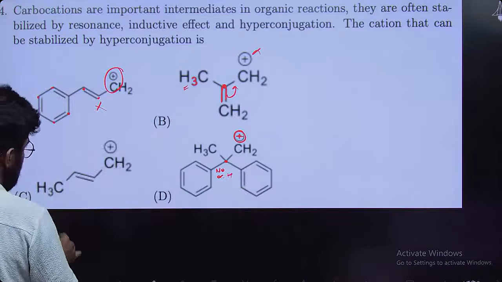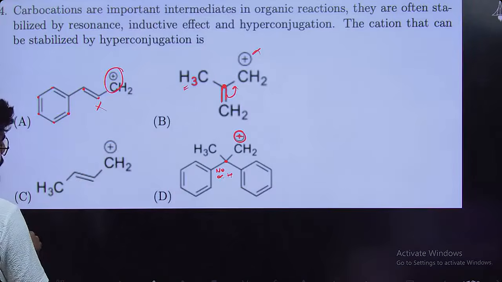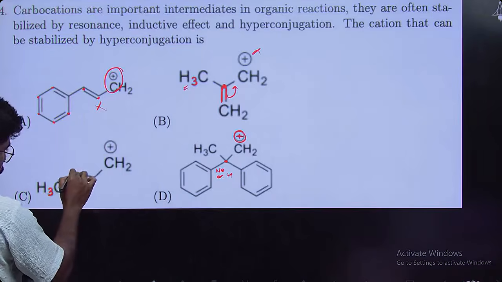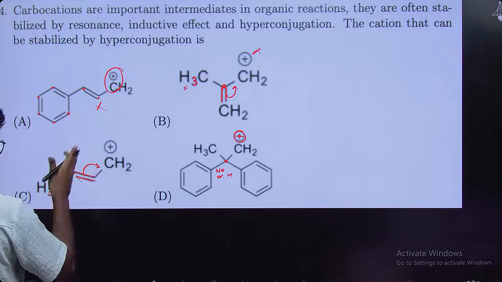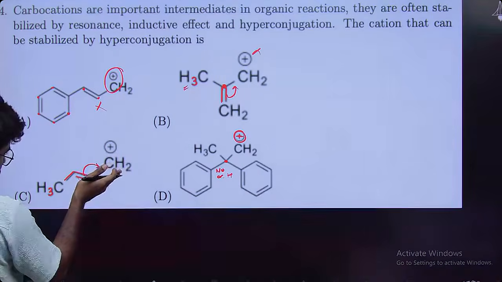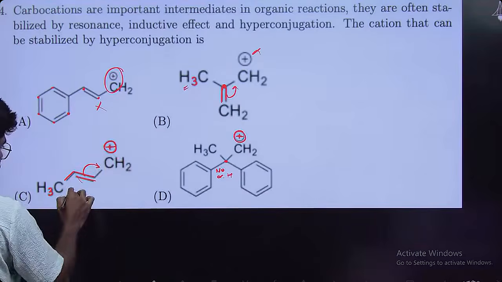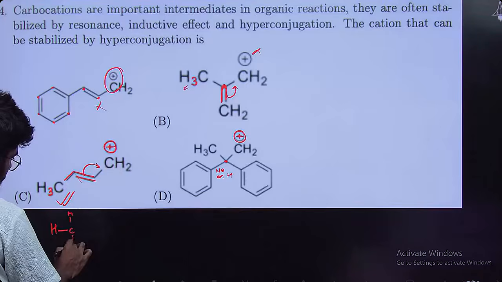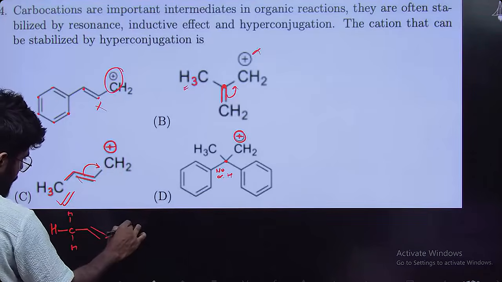This is the only one where hyperconjugation-initiated stabilization of the cation can occur, because this H3C will do hyperconjugation with this alkene, making this alkene point towards this carbocation and ultimately stabilizing it. So this can be possible like this. Suppose you have CH3, a double bond, and then a cation.